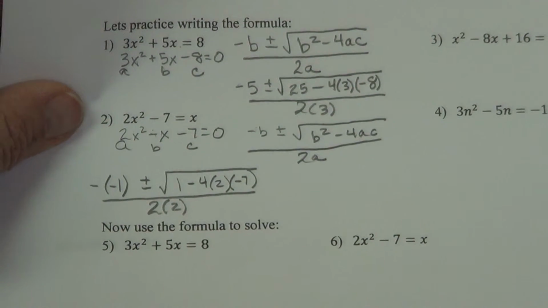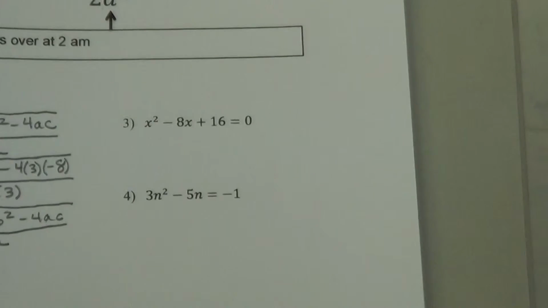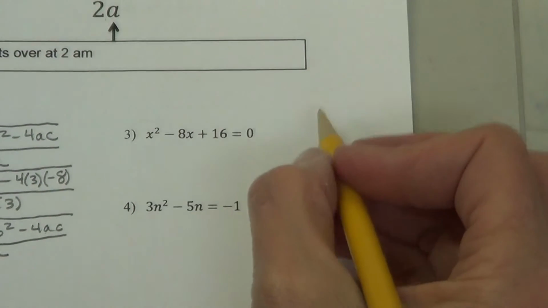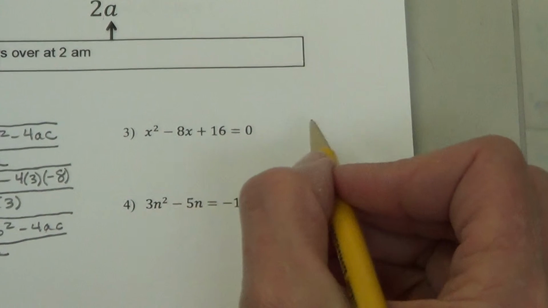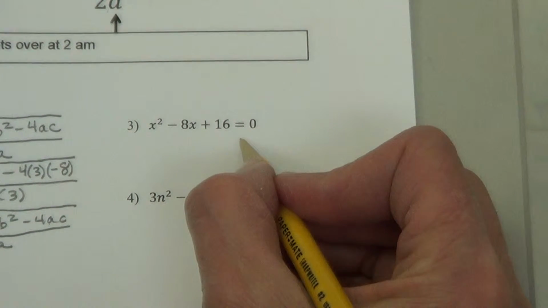Okay? Go ahead and turn off the video and try doing these next two without my instruction, and then turn it back on and see if you have them correct.